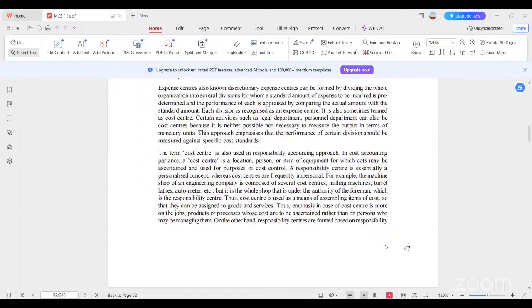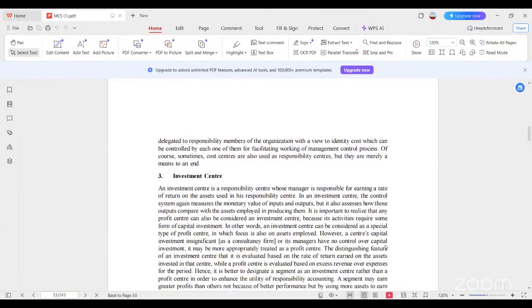So different responsibility centers will allow managers to be accountable for the aspects of the business they control, like your cost, your profit, or your investment. Ultimately, it will help your top management ensure performance is measured accurately and an effective management control system is implemented.